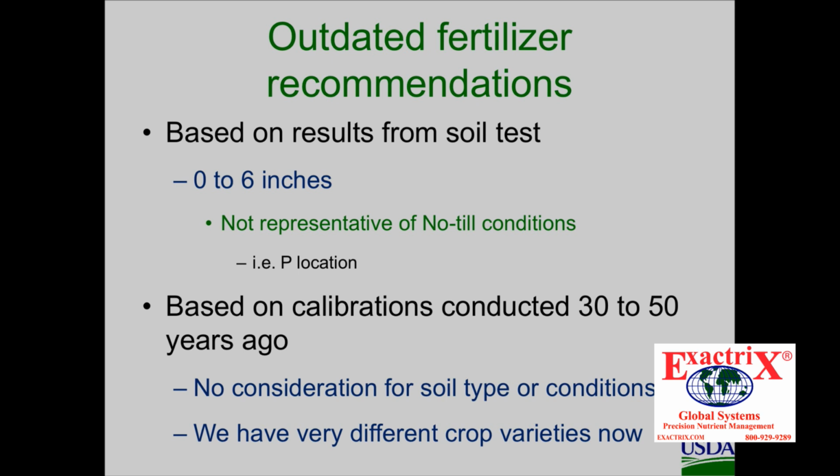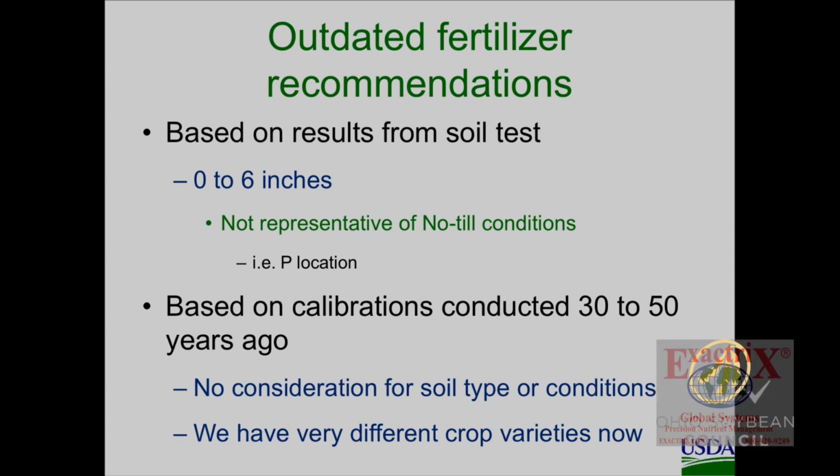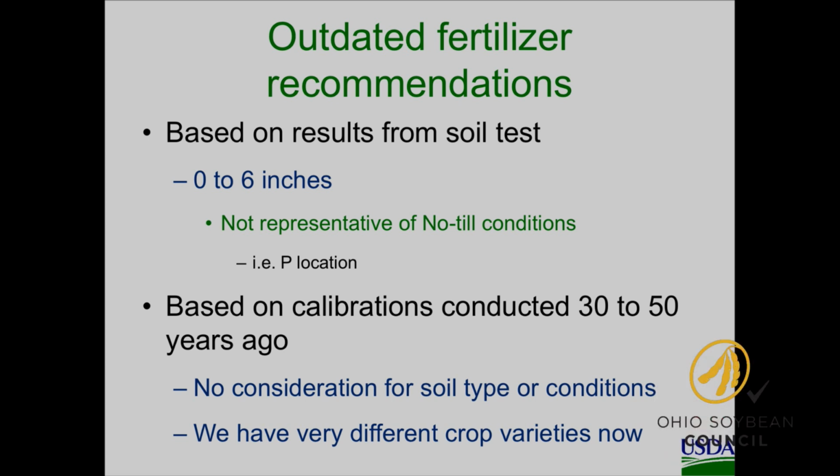It's also based on calibrations conducted 30 to 50 years ago with no consideration for soil type or conditions. Doesn't consider pH or anything like that. Doesn't consider mineralogy, texture. We know that affects it. We demonstrate that. Also, we have different crop varieties now, so the demand is different, or potentially different. Something needs to be determined.